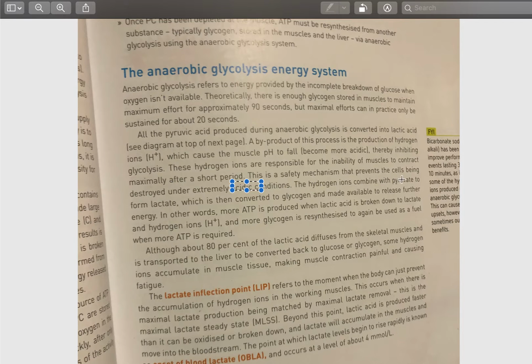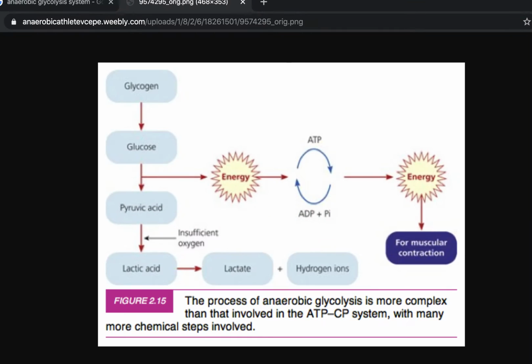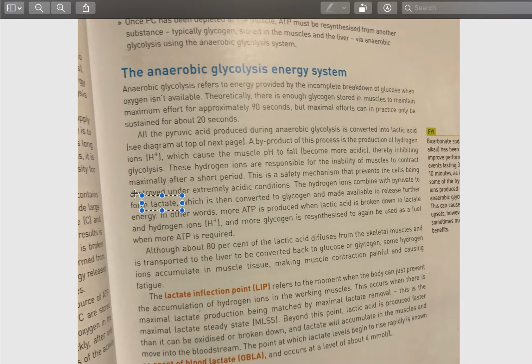Hydrogen ions can combine with pyruvate from the pyruvic acid to form lactate, and that is able to be converted back into glycogen. So lactate itself is not necessarily a really bad thing. Lactate here can actually be made back into glycogen and we go through the process again. So that's a good thing to note.